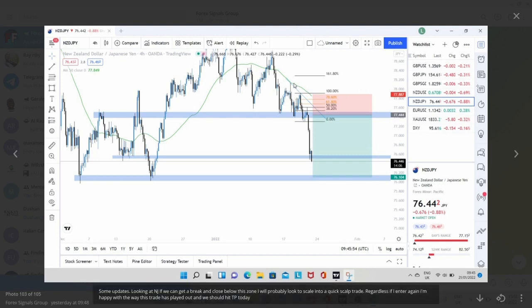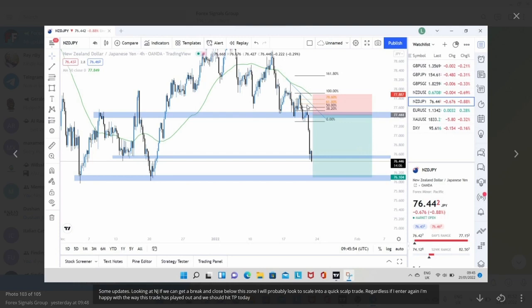Essentially, what we did is we used our Fibonacci from this swing high to this swing low because we're in a downtrend, and just looking at basic market structure alone, lower high, lower low, we came back to retest and we rejected this with a beautiful pin bar straight off the 50 period moving average, straight off the 50% Fibonacci retracement. What we did then is we got in here after this candlestick, we put our stop losses above the 78.6 fib zone, above our trend line, and we put it just above the moving average.